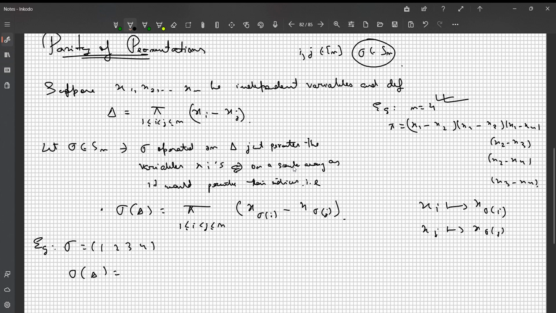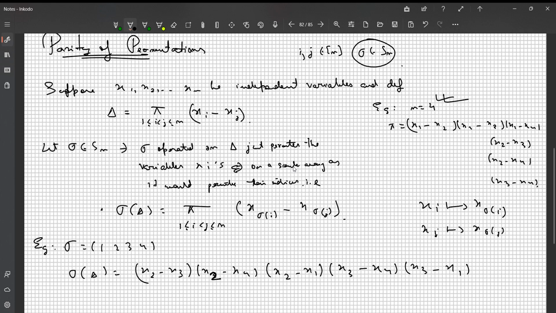So we will be discussing throughout these examples. Okay, n equal to 4 and sigma equal to this. Suppose sigma is equal to 1, 2, 3, 4. Then what is sigma of delta? So 1 goes to 2, right? So the first element becomes x2 minus x3. The second element becomes x3 minus x4. Third element becomes x1 goes to x3, right?